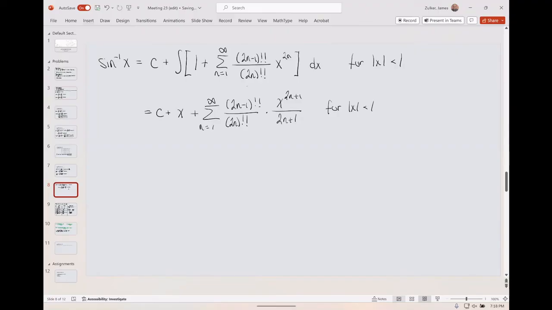We need to find a value for that c. We can't just leave it as c. Well, notice what's going to happen. Evaluate this at the center. This is just going to be a bunch of zeros, isn't it? That sum. And that x is going to be 0. So inverse sine of 0 has to be c. But what is the inverse sine of 0?